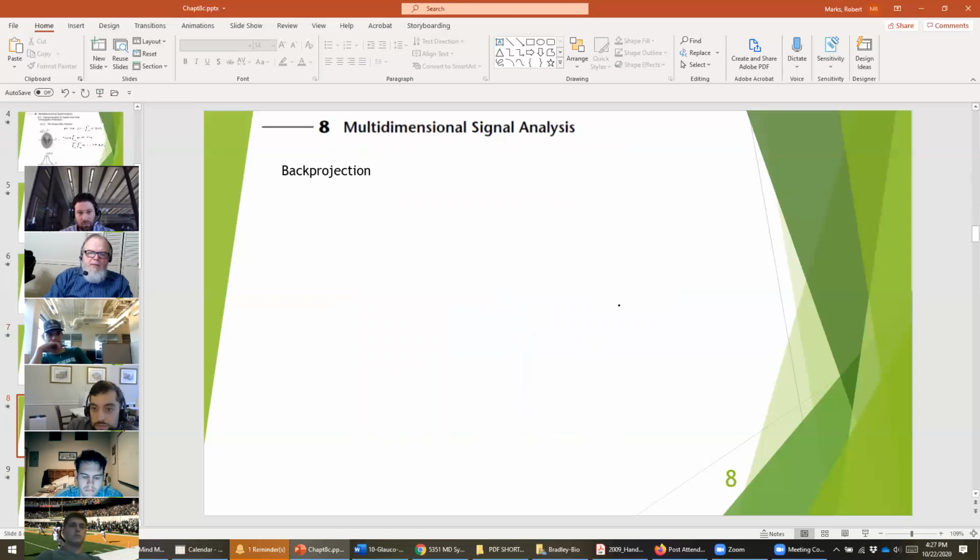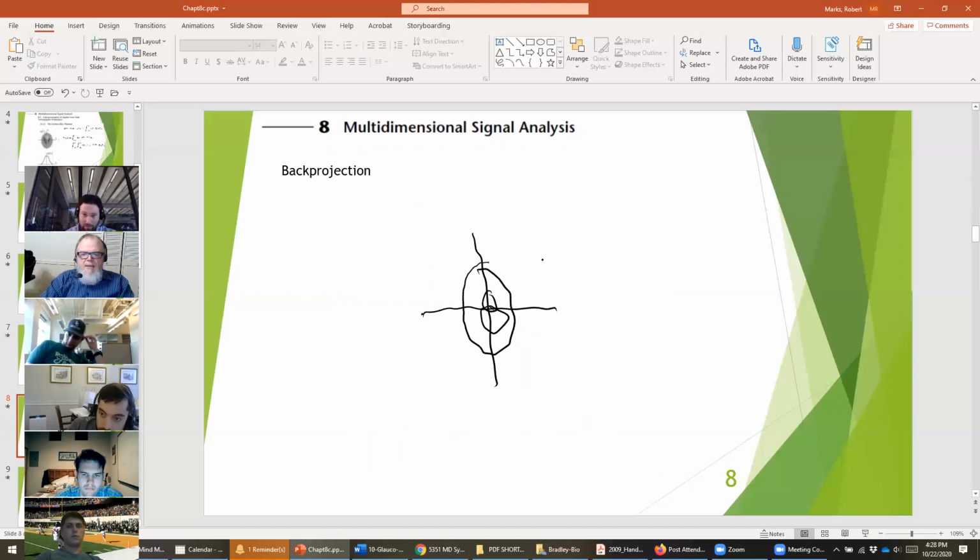Now, how do we do this? Suppose we had this Shepp-Logan phantom here. I don't know what the Shepp-Logan phantom is, but we project this way and we get some sort of projection in one dimension.